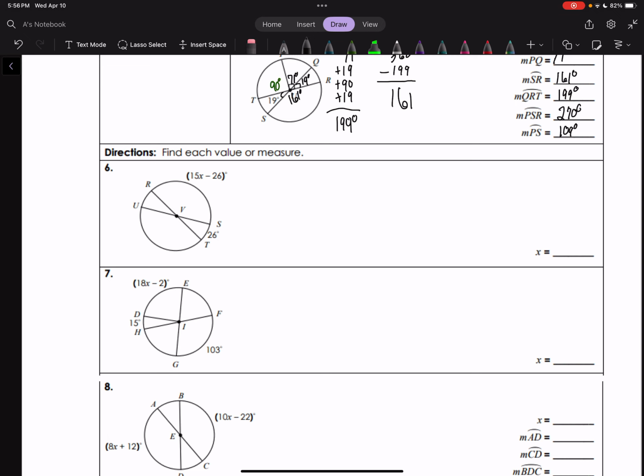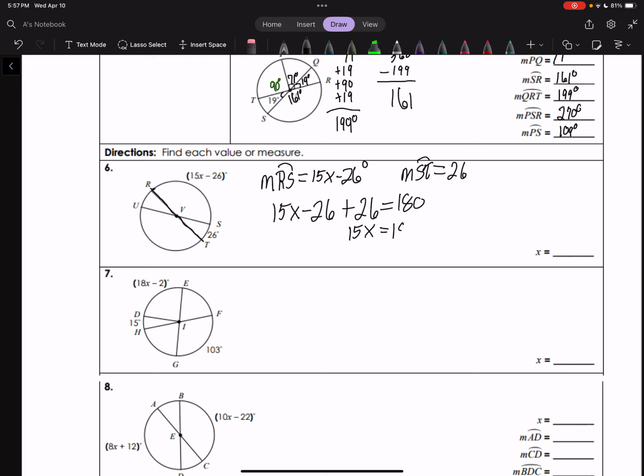So if I have arc RS and I have arc ST, I know that I can sum these arcs to 180 because they are on a diameter, being 15x minus 26 plus 26 is equal to 180. 15x equals 180. Dividing, x is equal to 12.